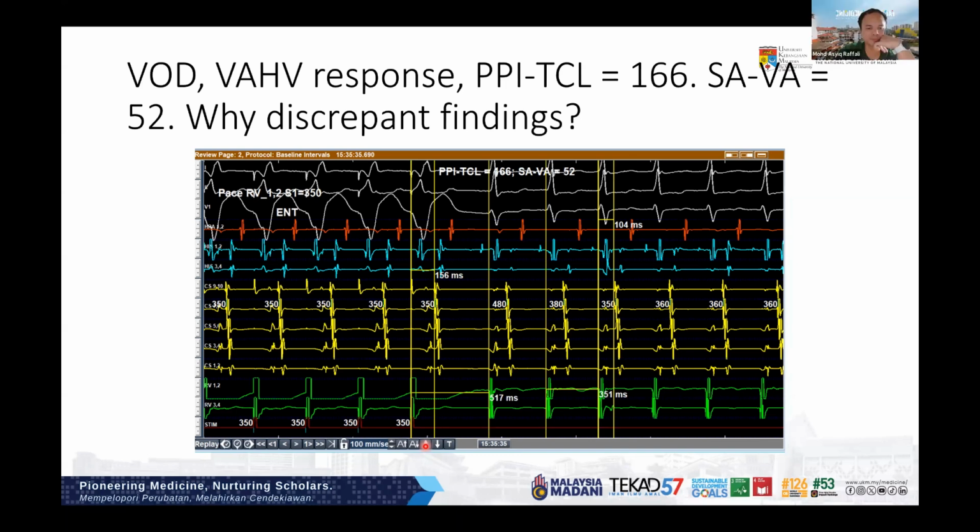Second point is that you have the beautiful His bundle potential there, clearly septal. But look at the conduction discrepancy between CS proximal and your His bundle, His A, now during the tachycardia. You can see CS is pretty eccentric, right? Yes.